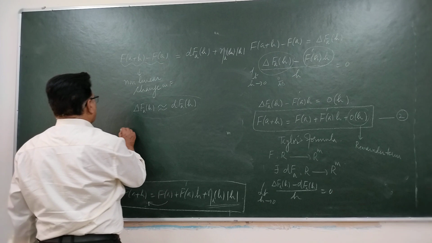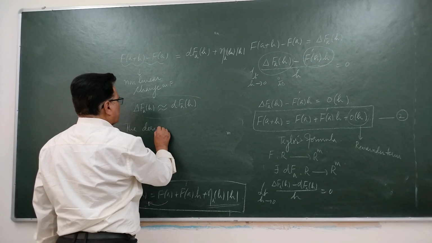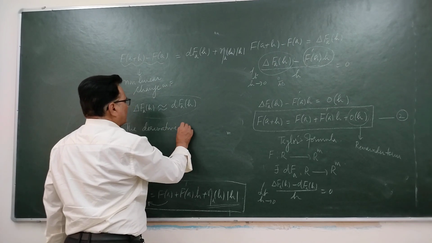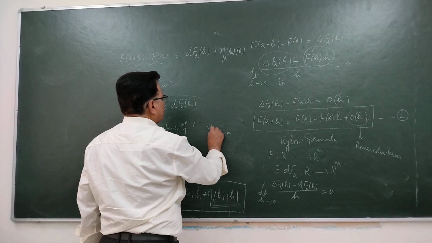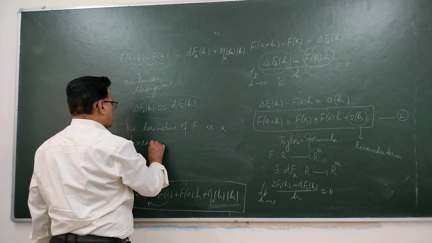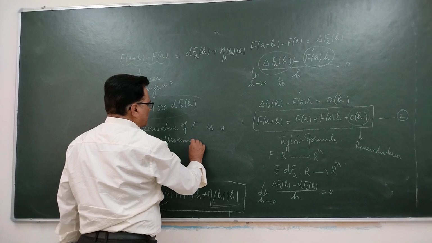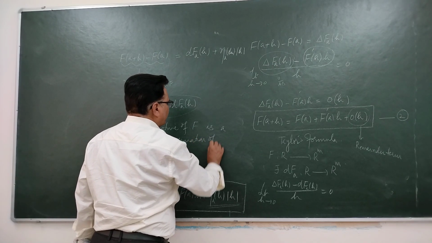So that is why we say that the derivative of a function is a linear approximation of the function itself. So this is the reason we say that the derivative of f is a linear approximation of f.